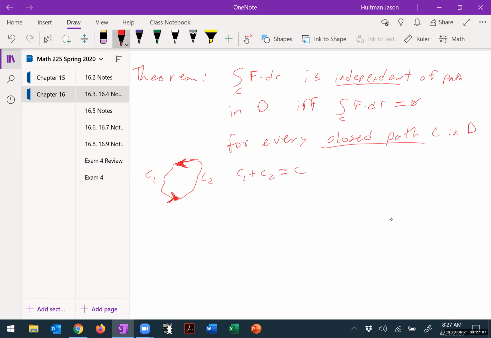So if I take the integral along path C1, and then I add the integral along path C2, those should add up to 0.